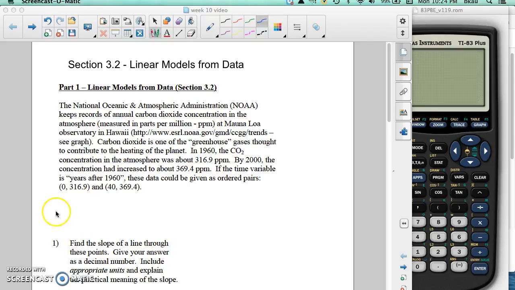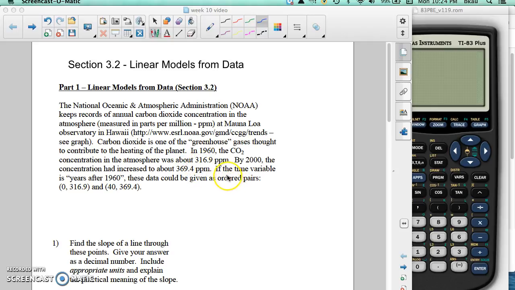It says that the National Ocean and Atmospheric Administration kept records of annual carbon dioxide concentration in the atmosphere in Hawaii. It's a greenhouse gas. In 1960, the CO2 concentration was 316.9 ppm, and by 2000 the concentration was increased to about 369.4 ppm.